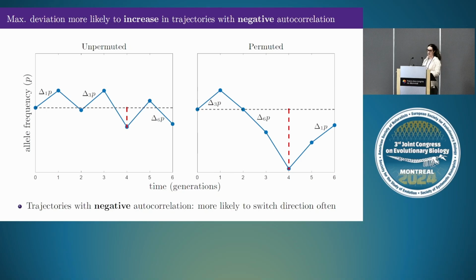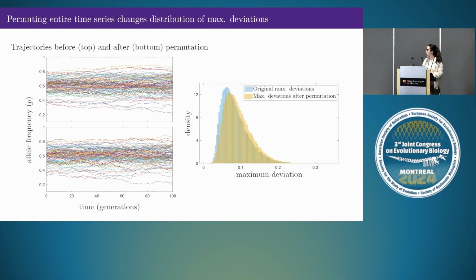And so this is an example of what permutation does to a simulated autocorrelated time series. If we look on the left, there's little to no visual change in the trajectories themselves. But if we look at the distribution of all of the maximum deviations, we see a drastic shift.